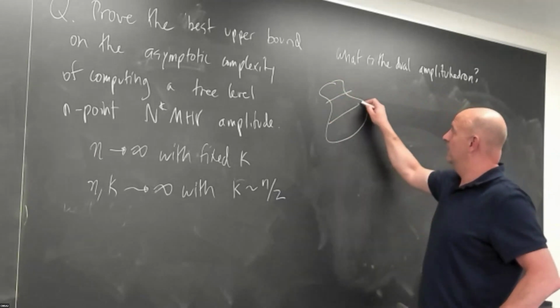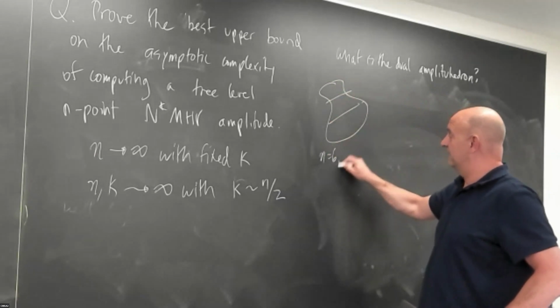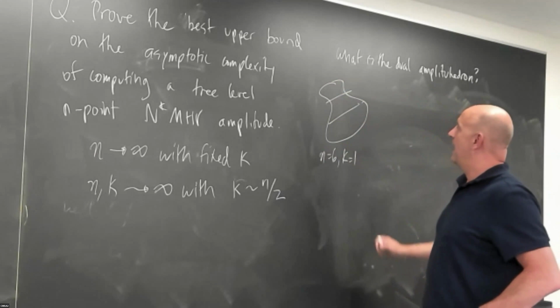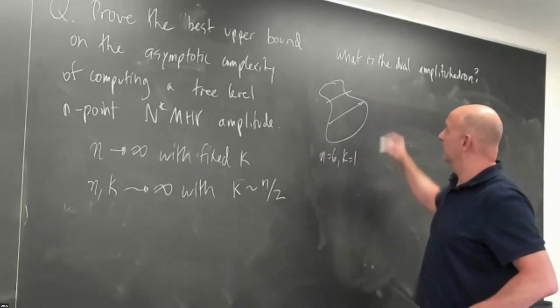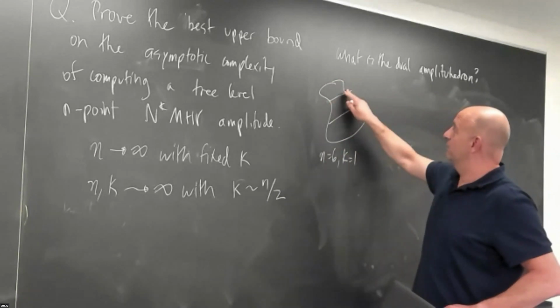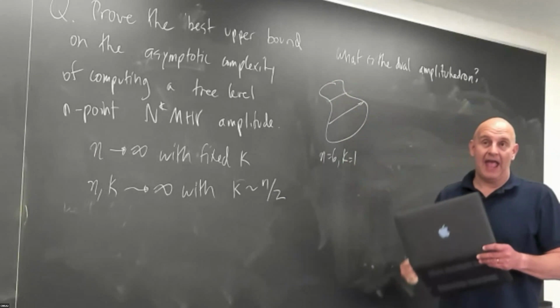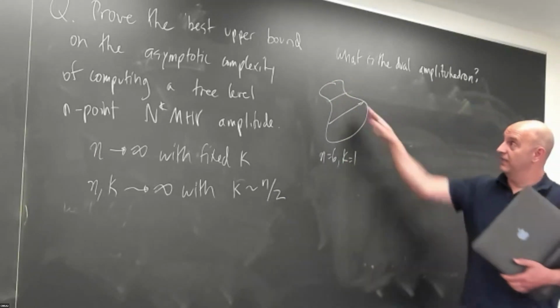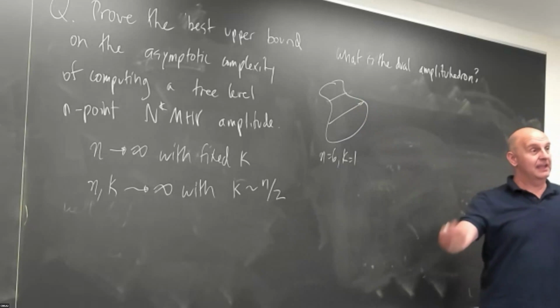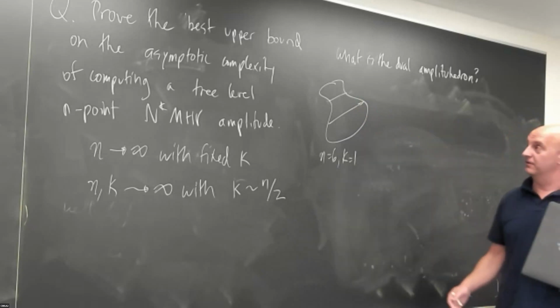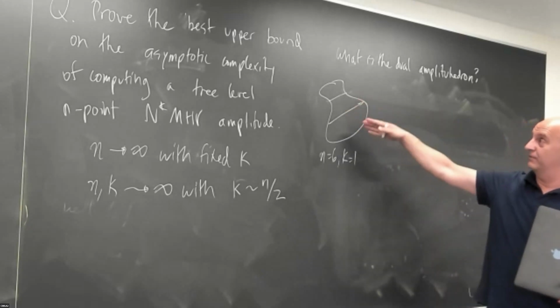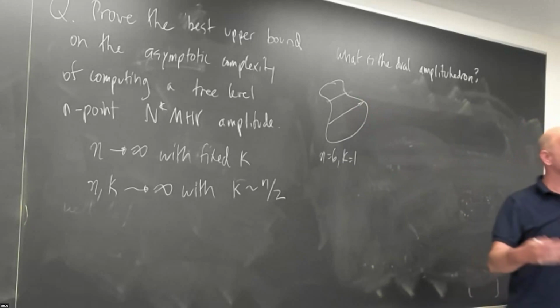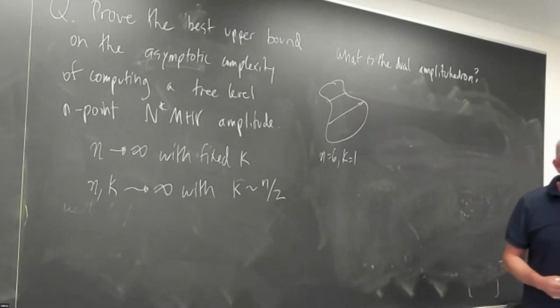So for example, the n equals 6, k equals 1 amplituhedron, when you tile it using BCFW, has 3 pieces. And the canonical form on this positive geometry computes the tree level amplitude. So there are different ways of tiling it into 3 pieces, and those give you different expressions for the amplitude.